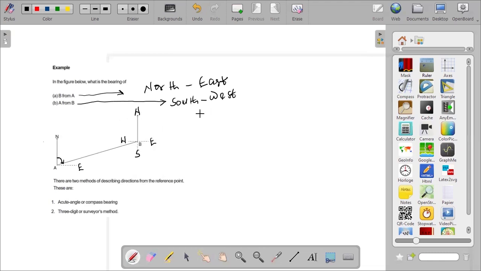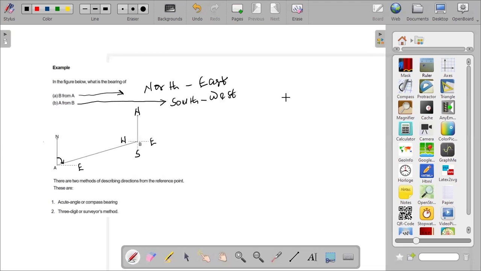An acute angle is an angle that is less than 90 degrees. So sometimes you report the bearing of a point with an angle usually less than 90 degrees, while some other time you report bearing using three digits, which is called surveyor's method.